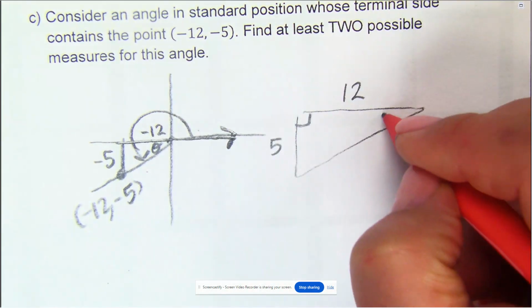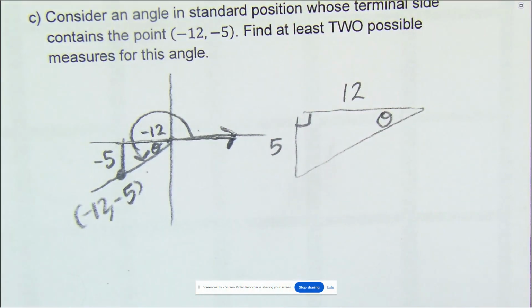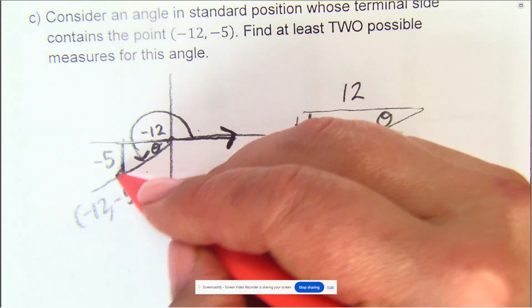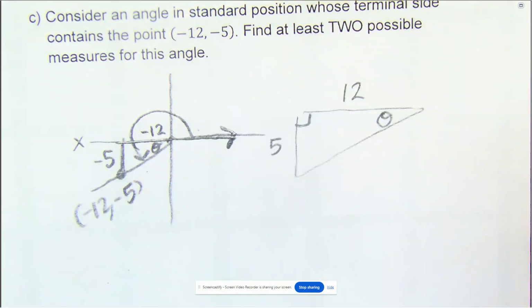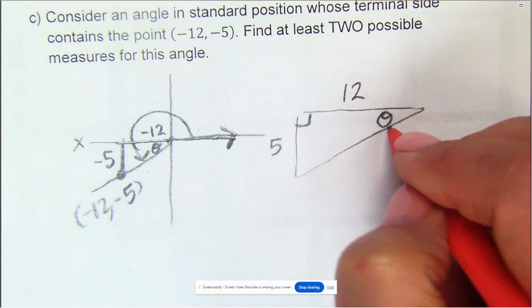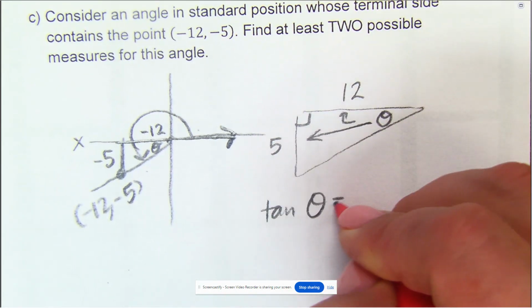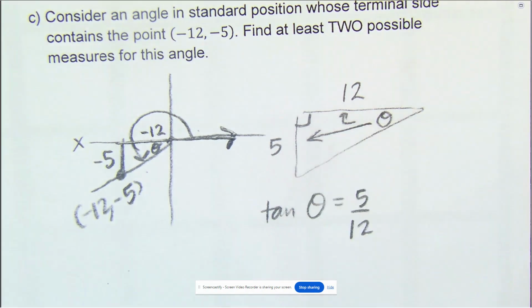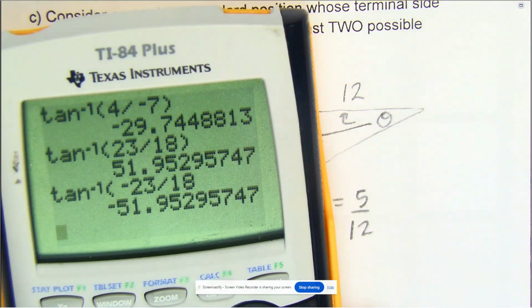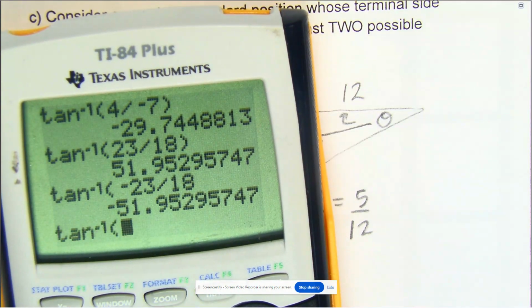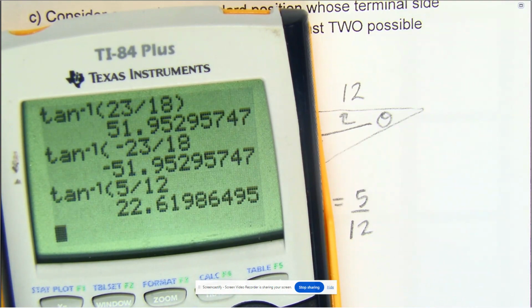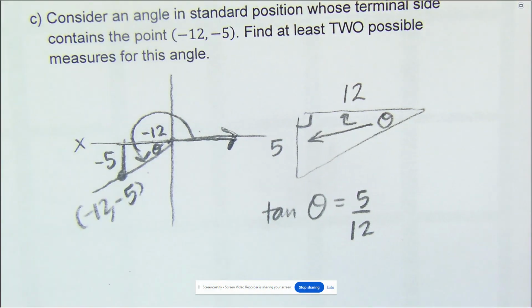Theta is always the angle made with the origin, and you always drop the triangle down to the x-axis. Okay? So now I've got opposite and adjacent. Tangent of some angle is 5 over 12. Second tan 5 divided by 12, about 23 degrees. Now that's not the answer.